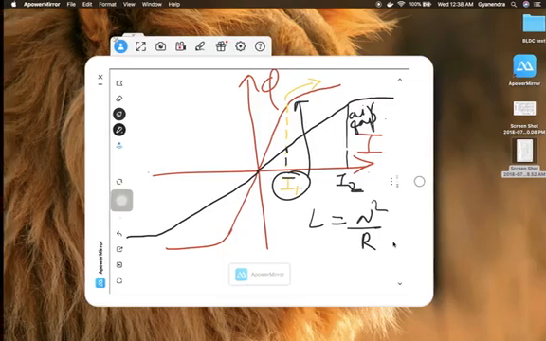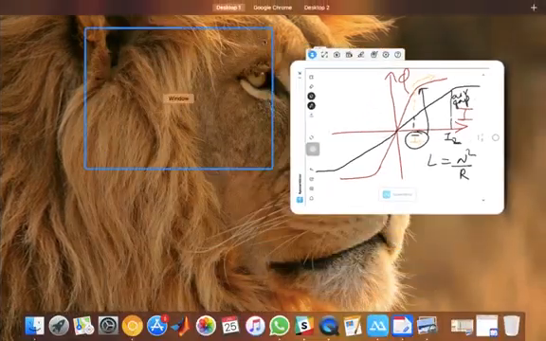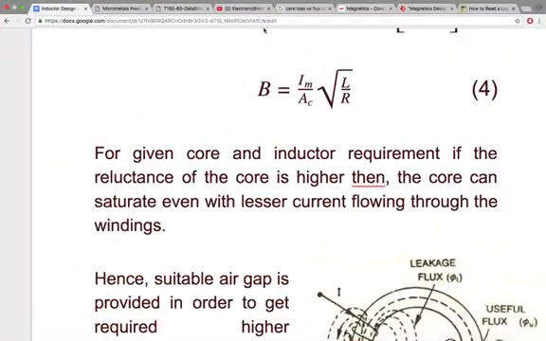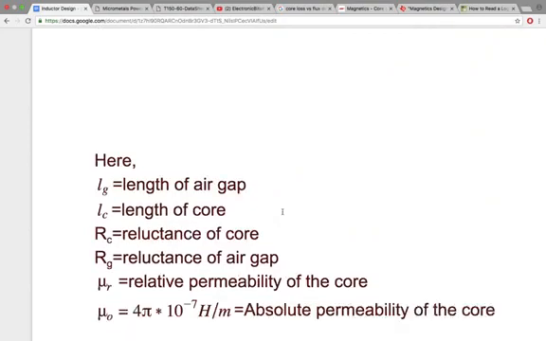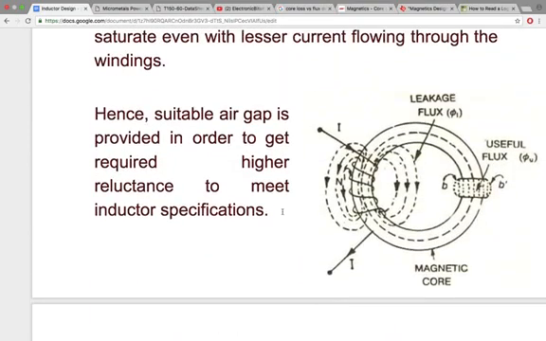So after introducing the air gap, the current handling capability of the inductor increases. But parallelly, our inductance is also decreasing.